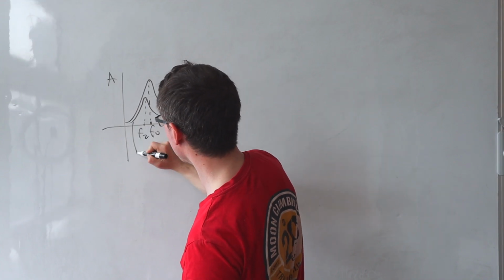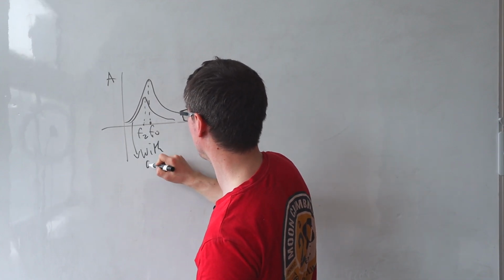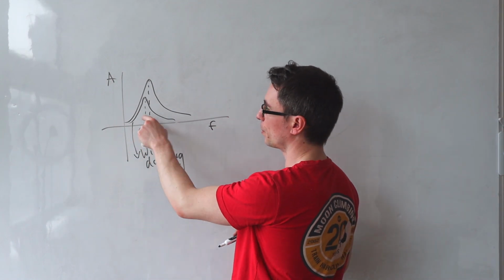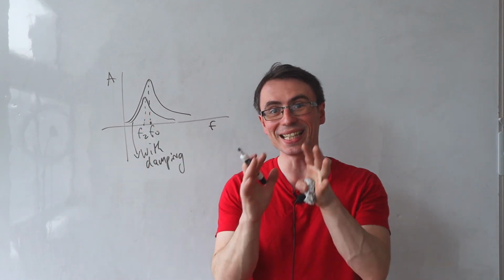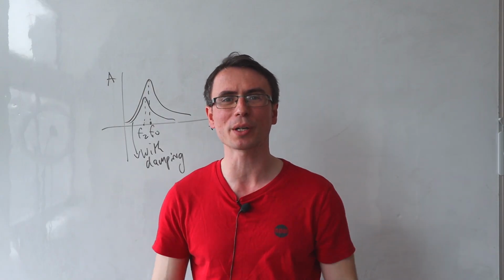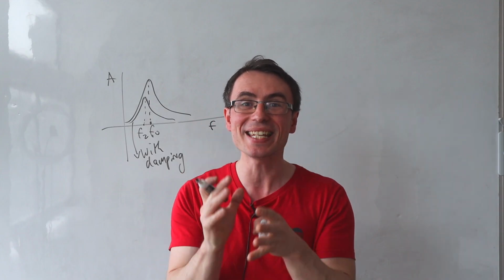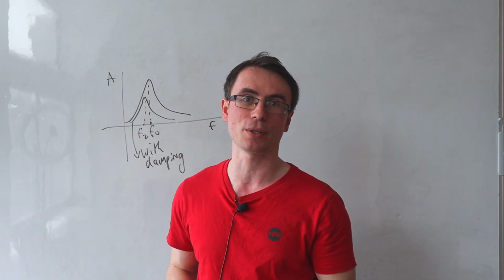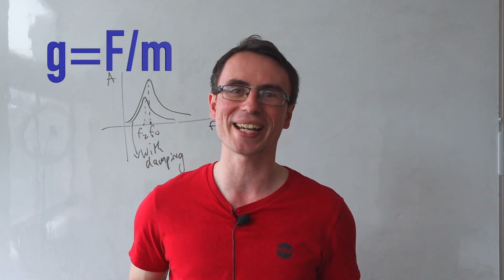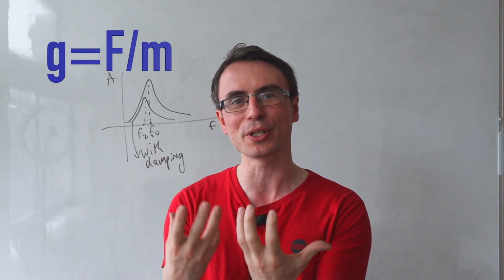Let's call it f2, and this is with damping. The actual amplitude becomes smaller. This does not affect the time period because, remember, in simple harmonic motion, the time period is independent of the amplitude.